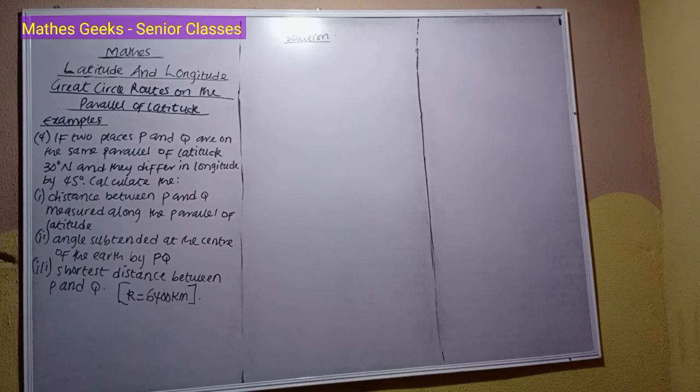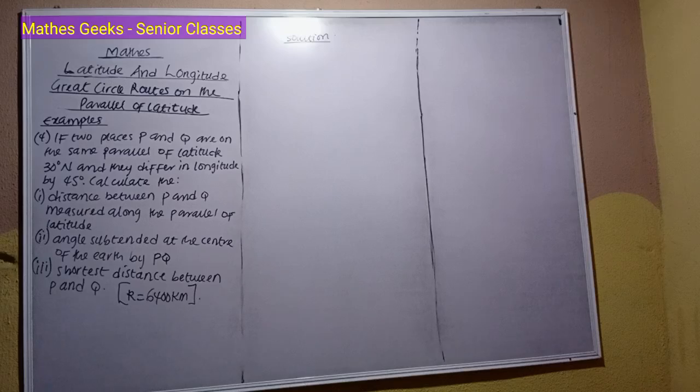If two places P and Q are on the same parallel of latitude 30 degrees north and they differ in longitude by 45 degrees, calculate the distance between P and Q measured along the parallel of latitude.